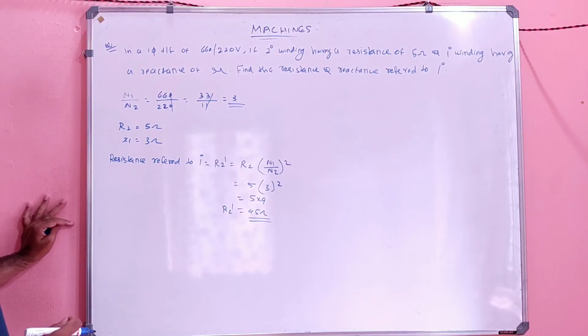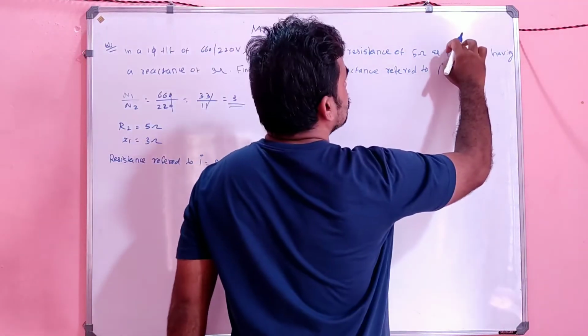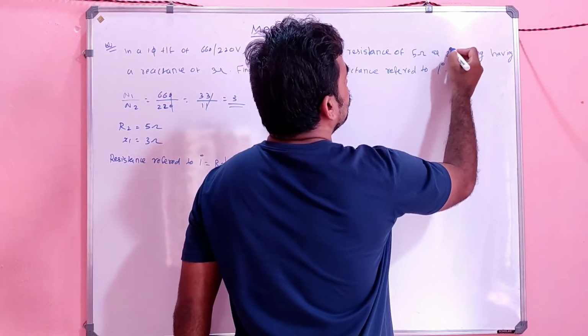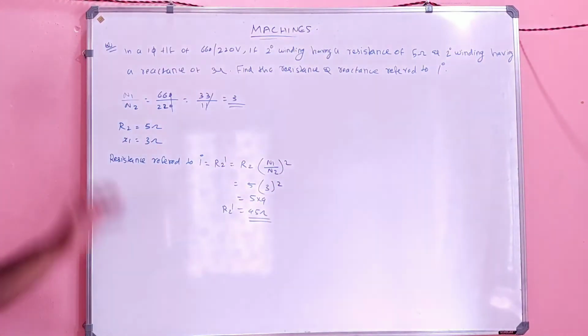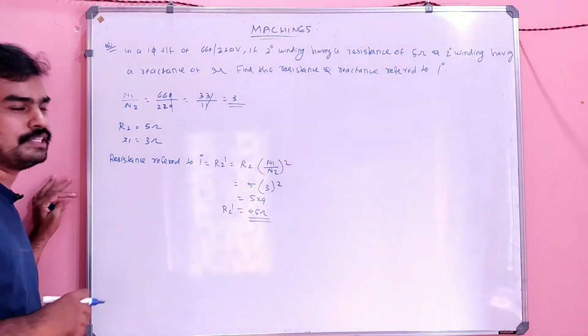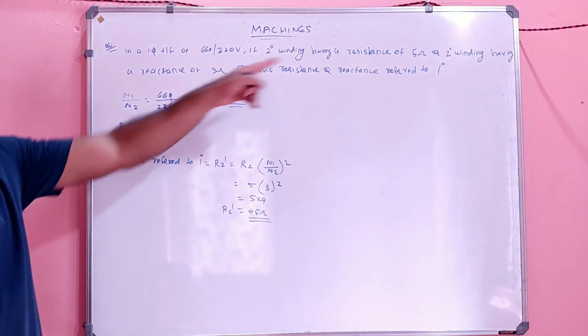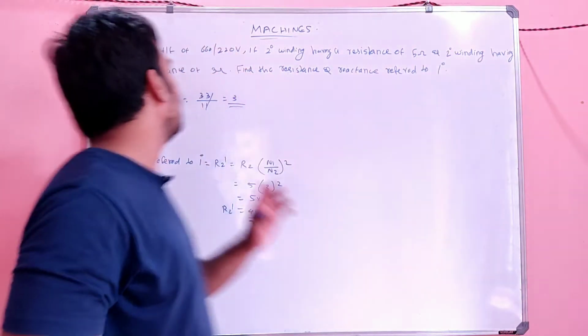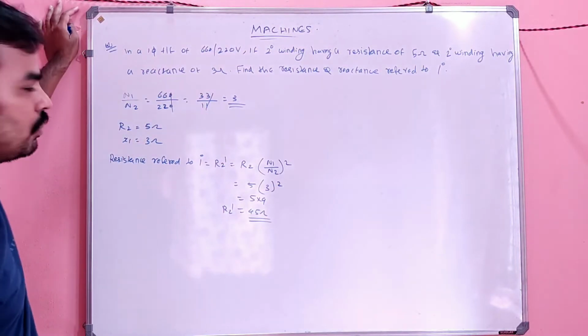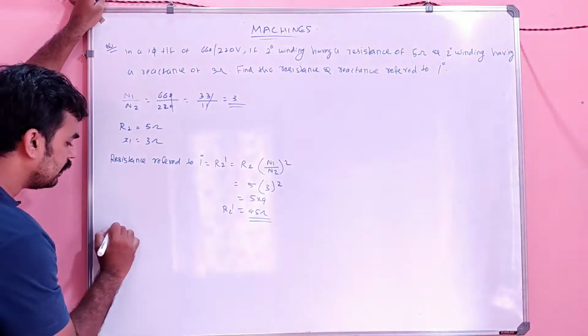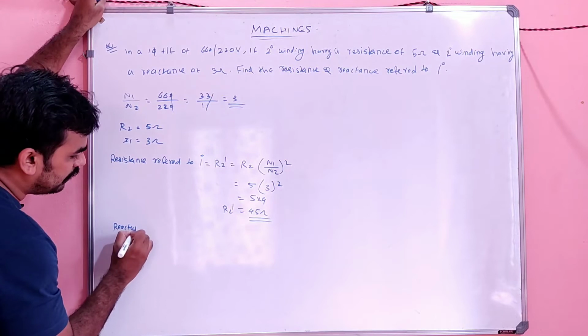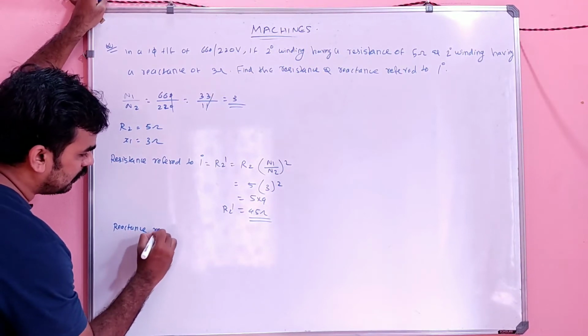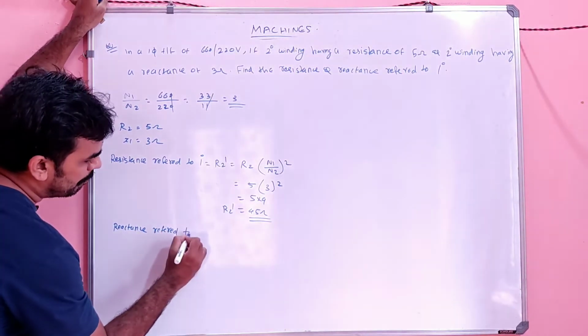Okay, and see, it is changed to secondary winding. That I told you, no? There was a small confusion in the question, that confusion is gone. Please change it to secondary winding having a reactance of 3 ohm. So what will be the reactance referred to primary?